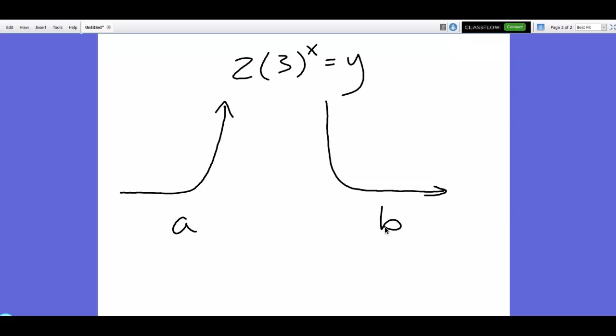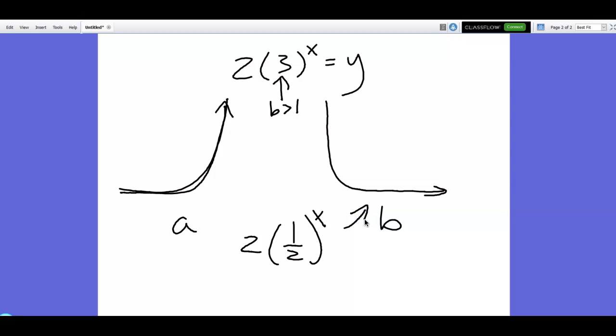That's the answer I was looking for. When this number here, the B value, is bigger than 1, it looks like this. If B is less than 1, like let's say it was a half, then it would look like that more so. Okay?